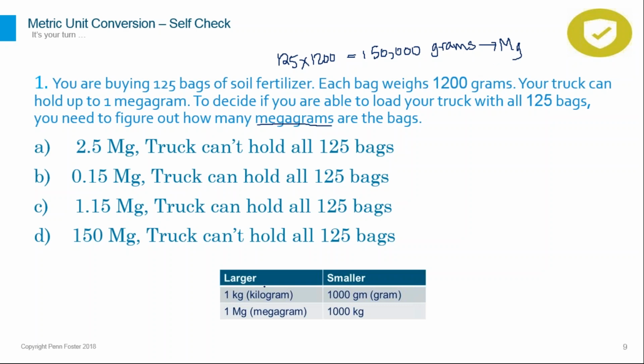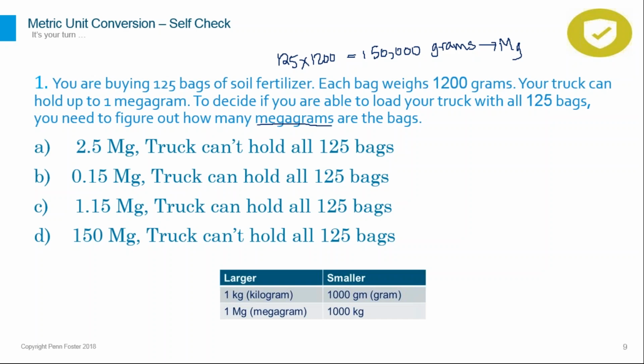Now look at the table. I have a relationship between grams and kilograms, and then from kilograms to megagrams. So it seems that it's going to be a double proportion question. Or if you're able to figure out how many grams in 1 megagram, you can go ahead and do a single proportion.